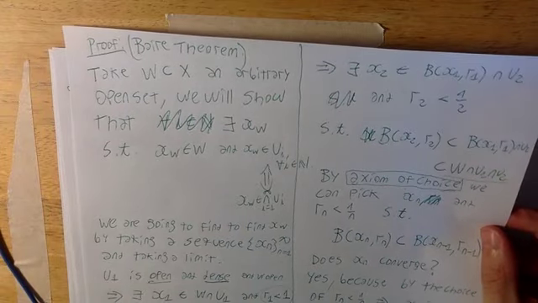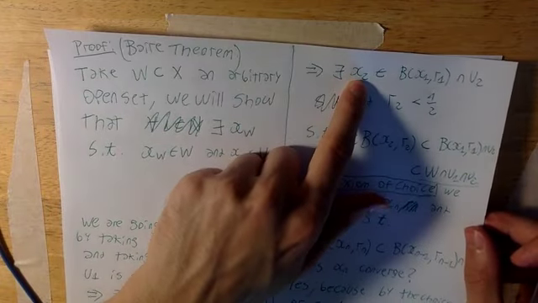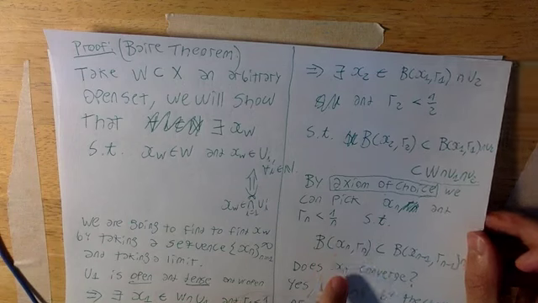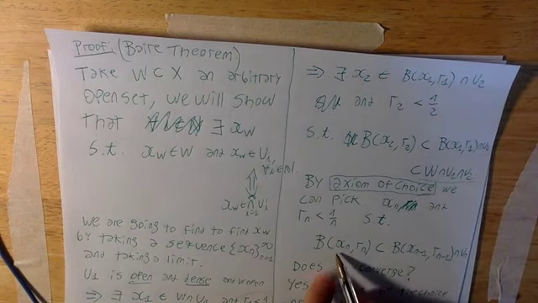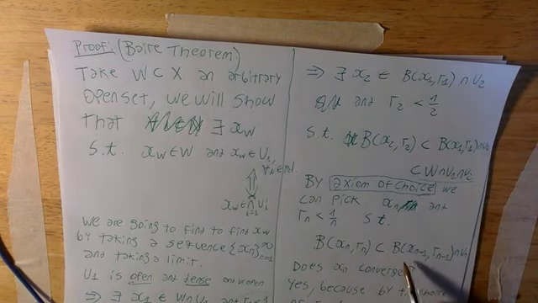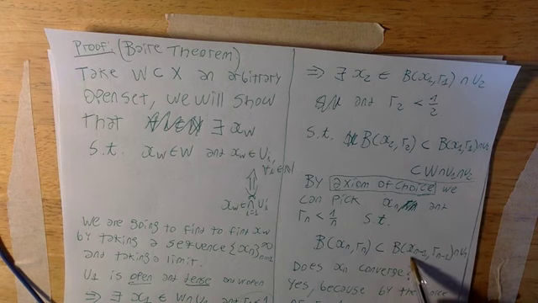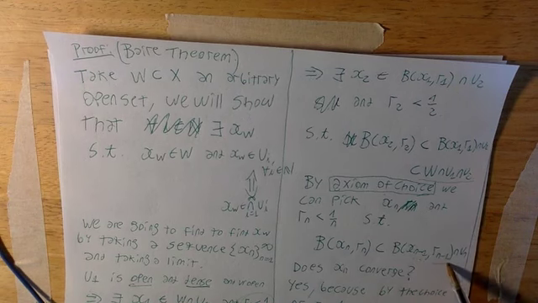The construction is that we always take the next xn in the ball of the previous element, so B of xn, Rn is contained in the ball of the previous element, xn minus 1, Rn minus 1.